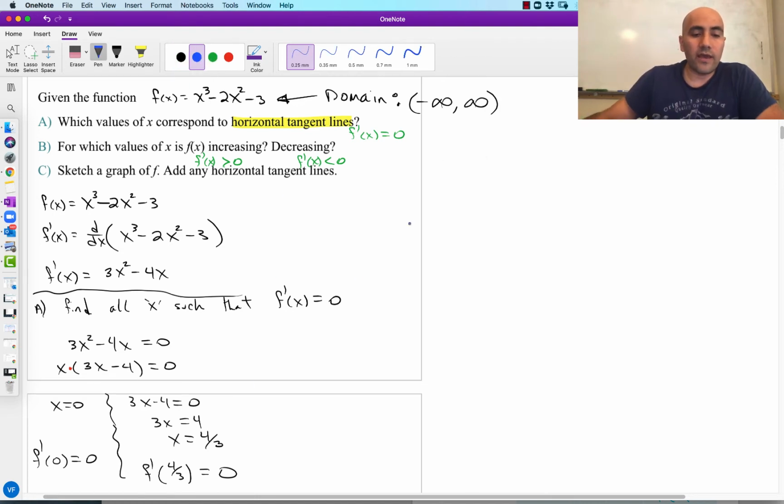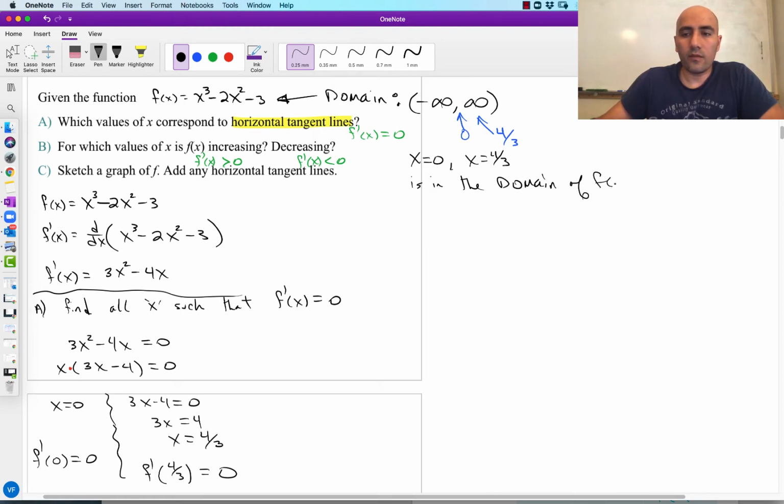So I know that 0 is in there, and I also know that 4/3 is in there. So f of x is defined at those two points: x equals 0 and x equals 4/3 are in the domain of f of x.